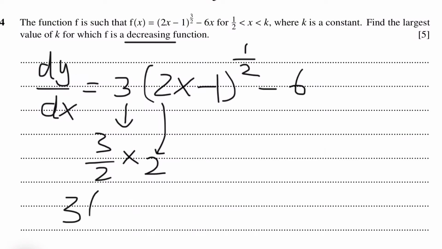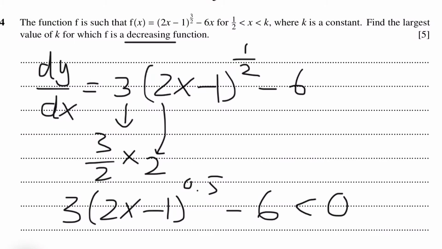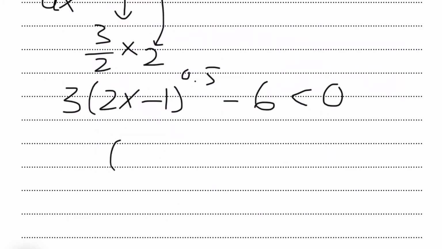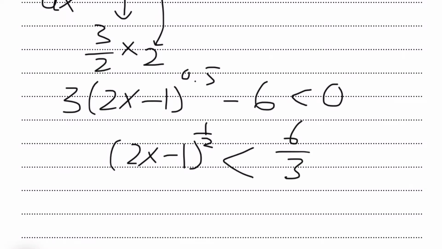So 3(2x minus 1) to the power of 0.5 minus 6 is smaller than 0. Now (2x minus 1) to the power of 0.5 is equal to 6 over 3. And I will square this to cancel out the power half.